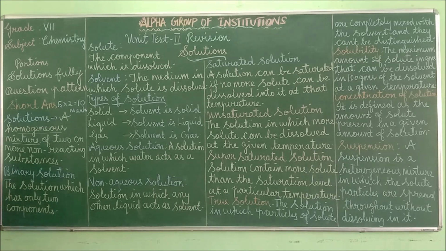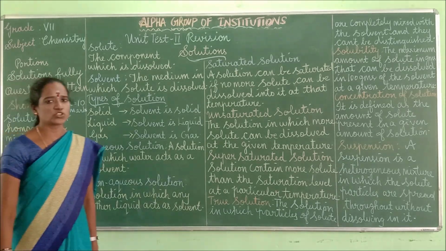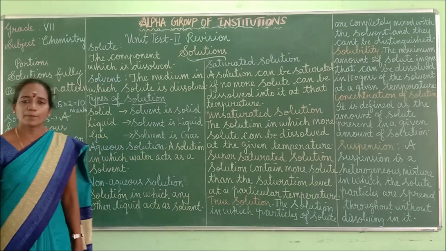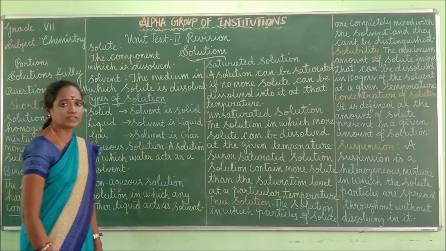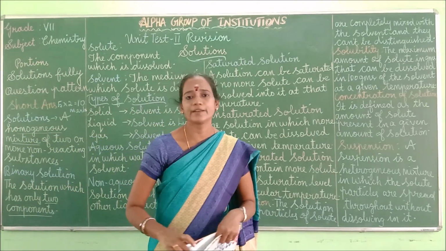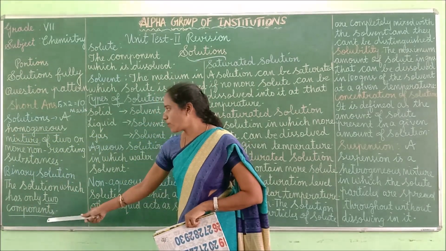Next question we can move to binary solution. What is meant by binary solution? Binary means what? Binary means 2, isn't it? The solution which has only 2 components. These 2 components are important. You have to highlight these 2 words, 2 components.